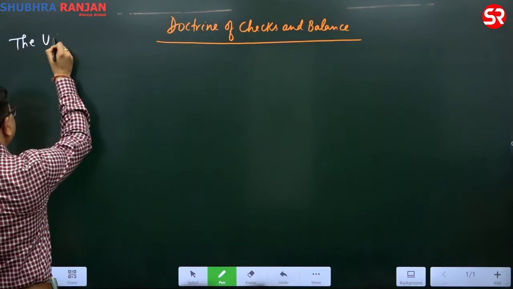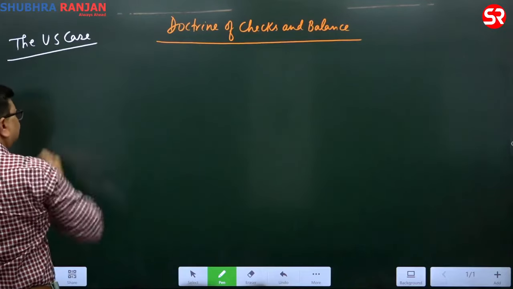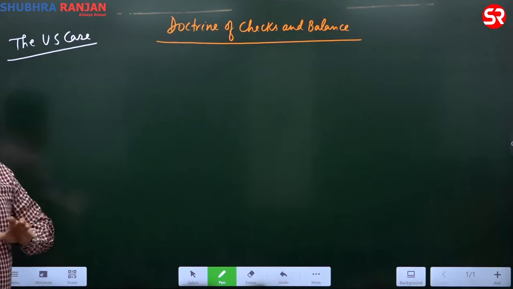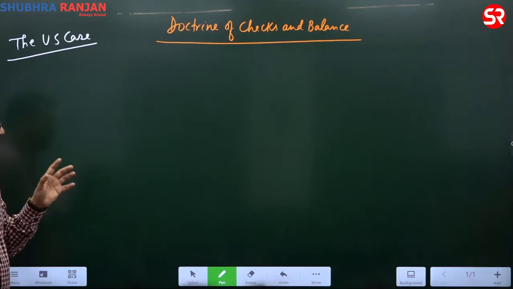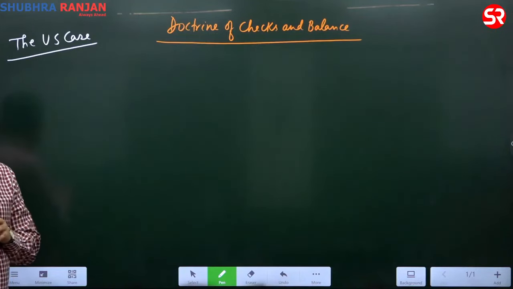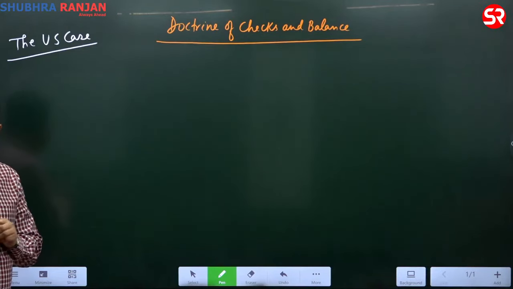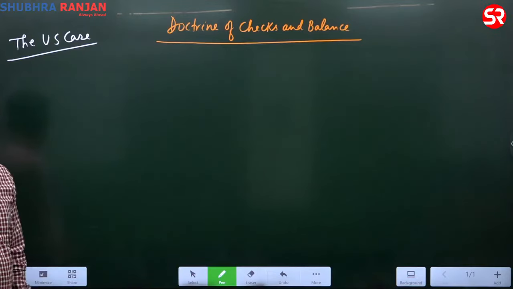The US case. Now, there is a specific pattern of writing such type of answers if a question is asked, that how the doctrine of checks and balance works in America and in comparison to India also. The headings will be the same.